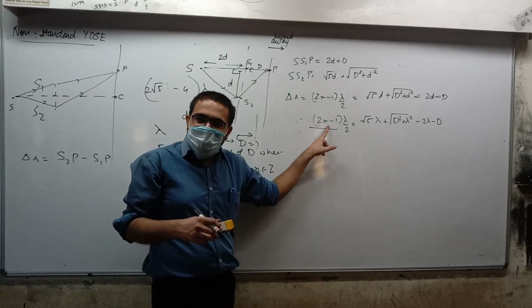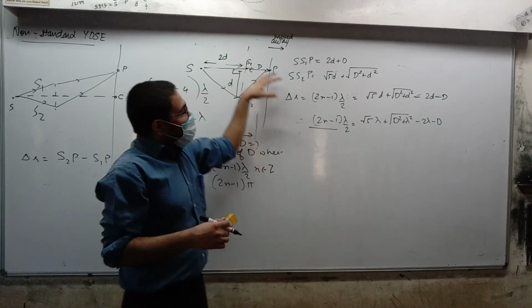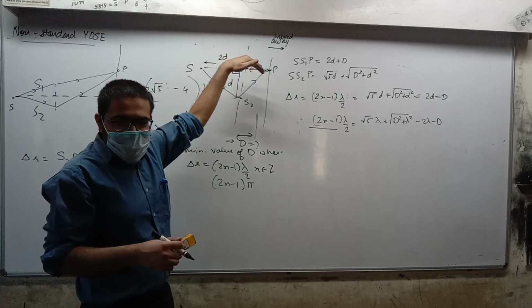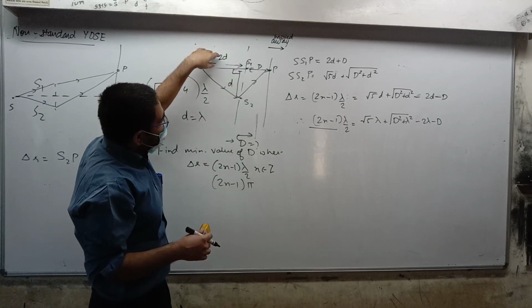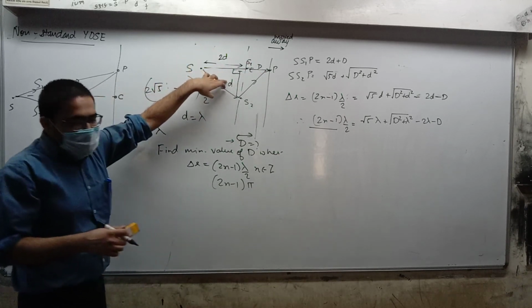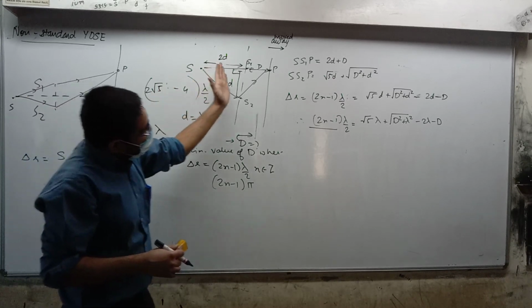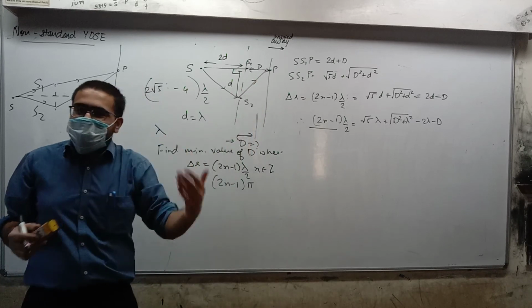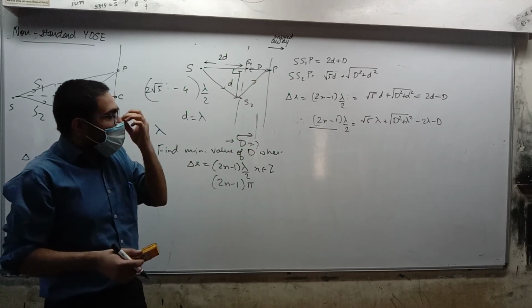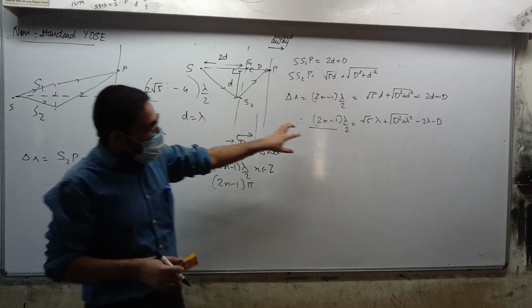Understood? Right? Sometimes these two distances are different. For example this is 2d and this is also 2d, then you get a different value. So what you'll have to do is start moving the screen away or close as you may want to, and then decide upon a value of this bracket.